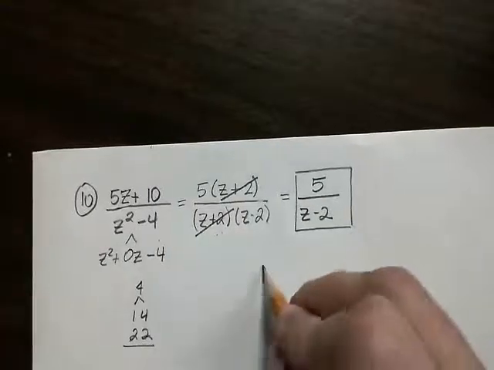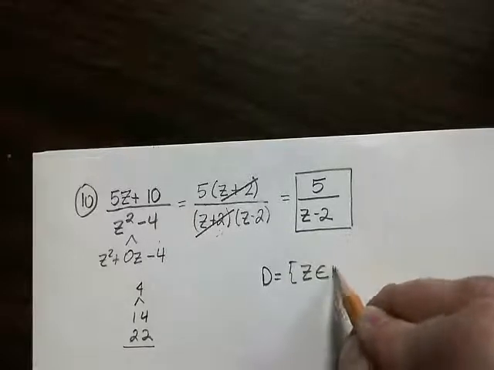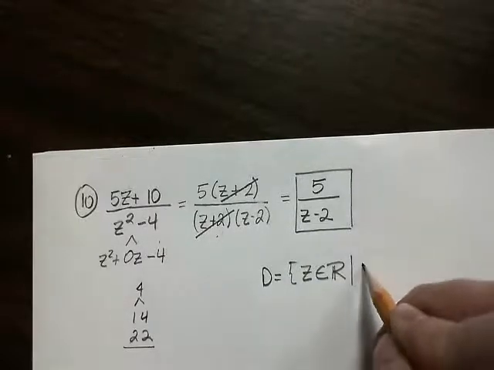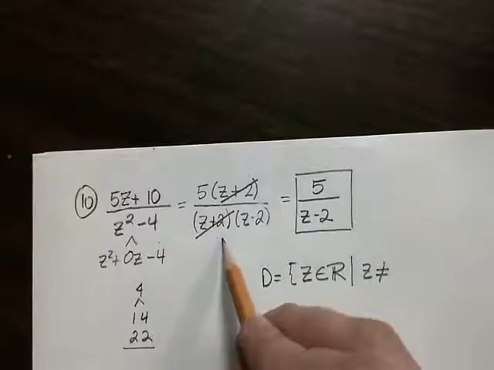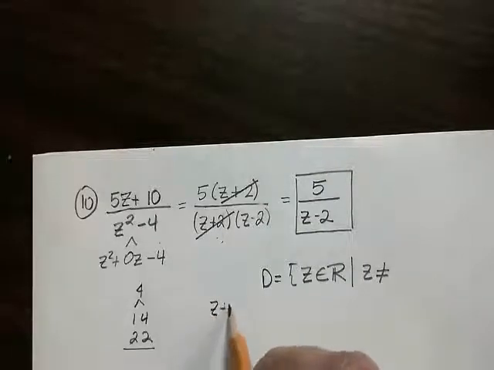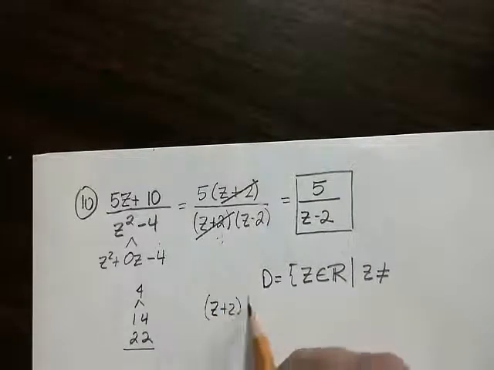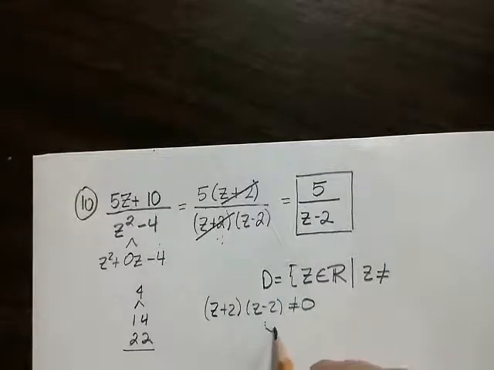And the domain is going to be z belongs to all real numbers, such that z must be different than, and I'm going to look at my denominator in its factor form, so z plus 2 and z minus 2 must be different than 0.